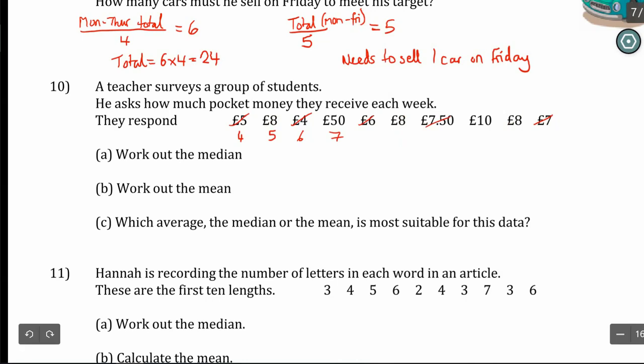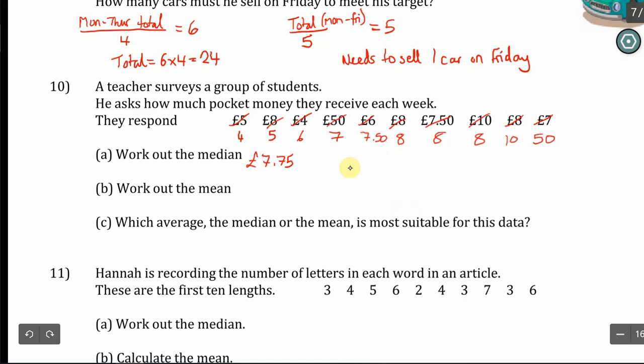So £7.50. 8, 8, 8, 10, and 50. That person's a lucky person. Okay, so the median is between £7.50 and 8, so £7.75. It's halfway between those.